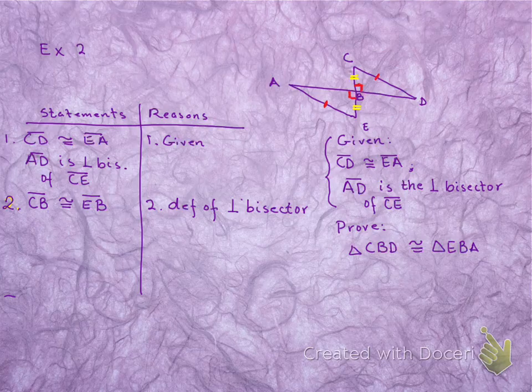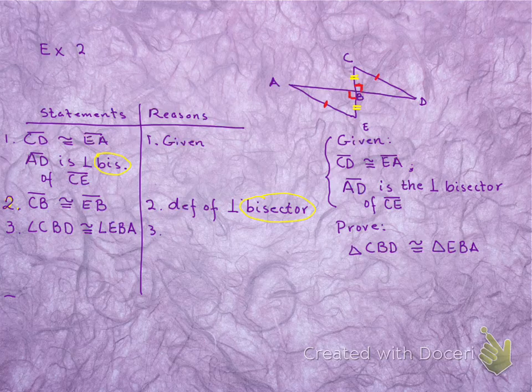Now, that is not the only thing that results from the perpendicular bisector. All we did so far was talk about the bisector. That's CB and EB. We also have to talk about the perpendicular part, okay, which tells us that angle CBD is congruent to angle EBA.